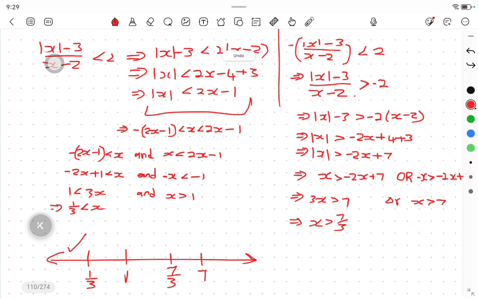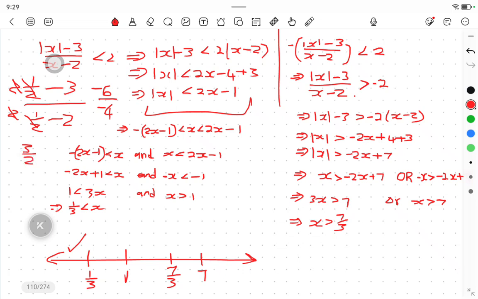If I plug 1 over 2, can someone with a calculator check what we get here? Okay, to simplify this, I would multiply here by a 2, multiply here by a 2. This would cancel this. If it comes here, it's going to give us minus 6. Here, minus 4. So we're going to get 3 over 2.